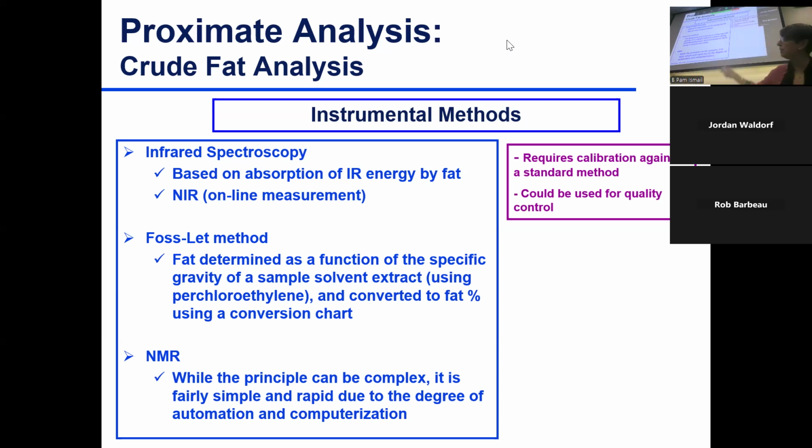You measure the density and you use a conversion chart to get the percentage of fat. Last one is NMR. It is an accurate method for determining fat content. If you have NMR in your lab, and if you have a trained technician, that's a good method of determining fat content. So that's it for fat analysis.